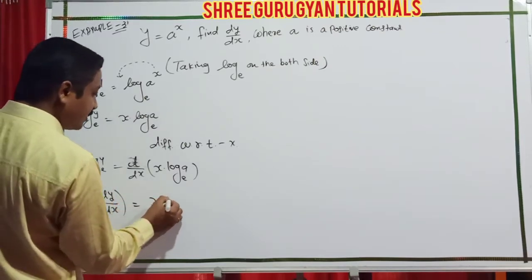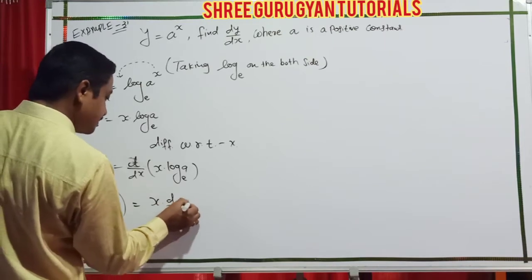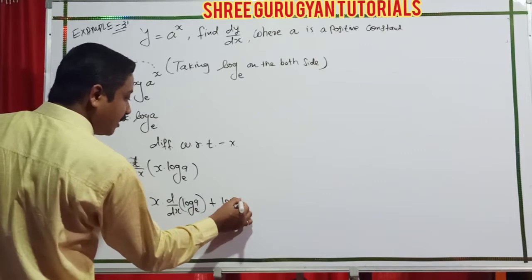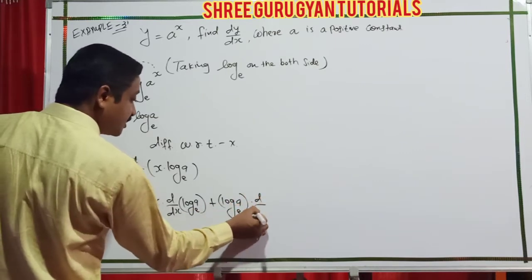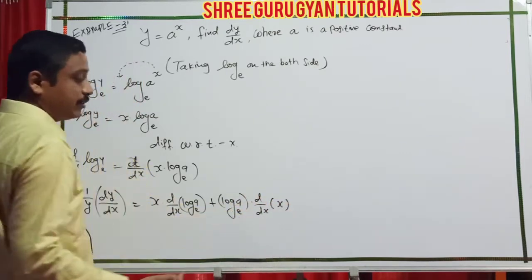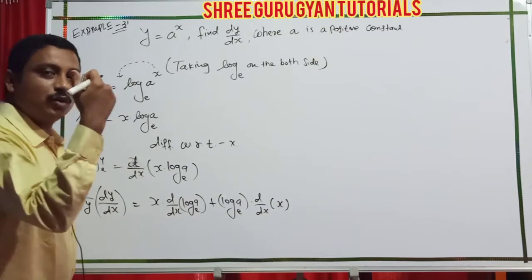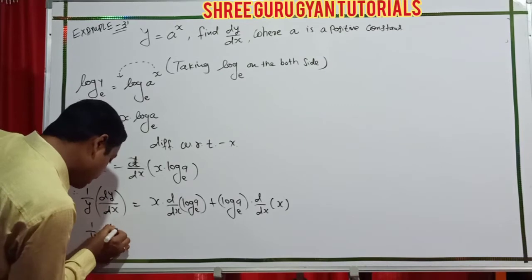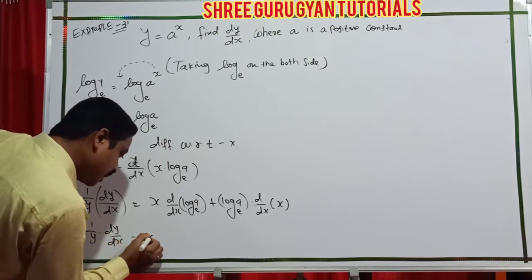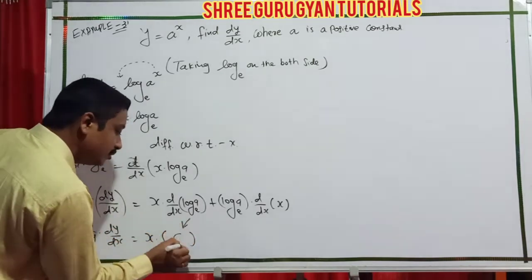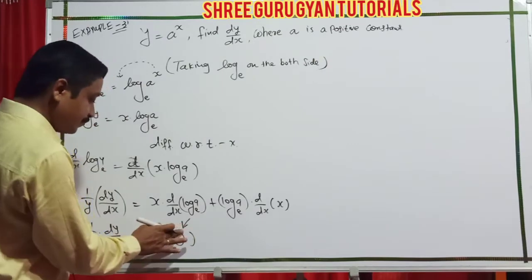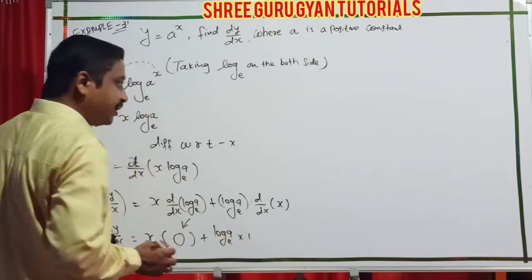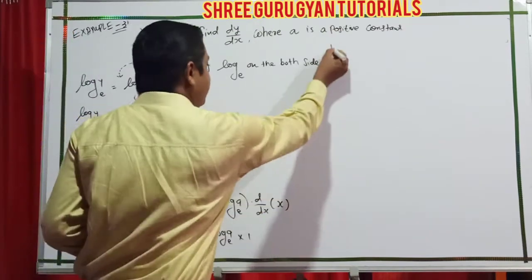Here operate first, second derivative, plus second, first derivative by our product rule. Now, students, we sum: 1 by y dy by dx, and here x. What is the derivative of log a? It is 0 because it is constant, and the derivative of x with respect to x is only 1.